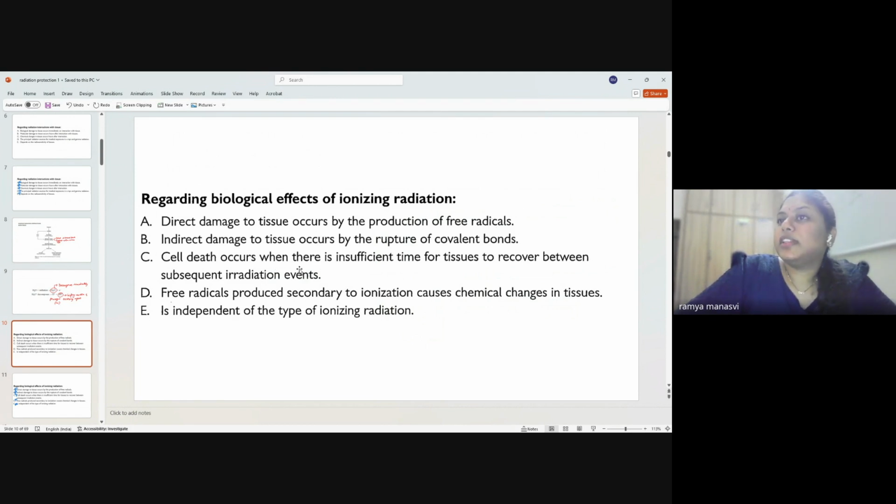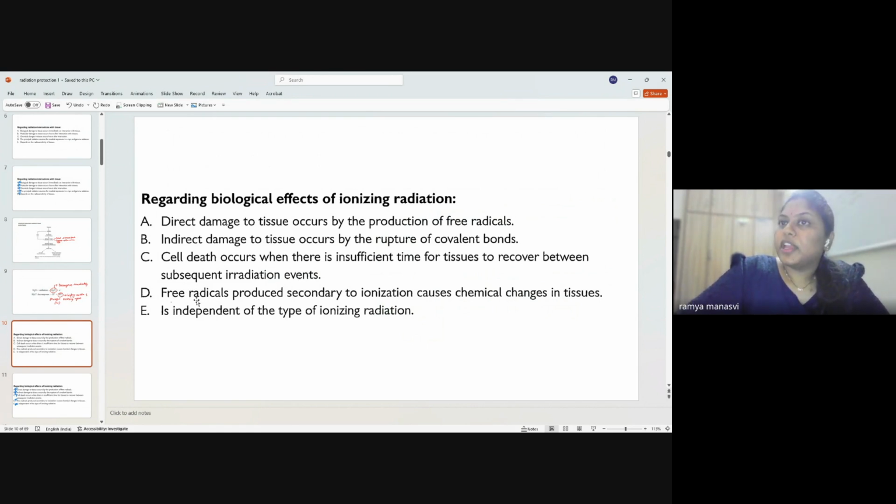Cell death occurs when there is insufficient time for tissues to recover between subsequent irradiation events. Yes. That is why even between radiations we give a sufficient amount of time for cell repair to happen. If there is no repair, then there is a chance of cell death and permanent damage.